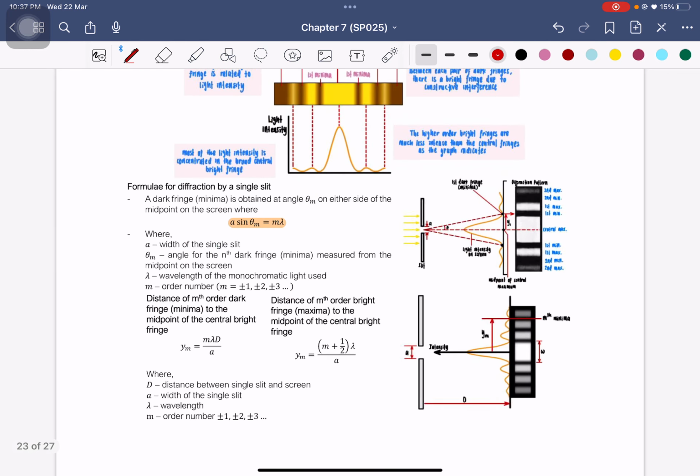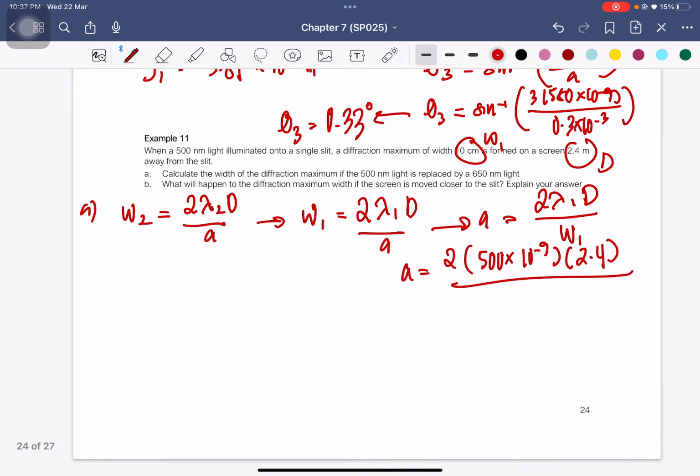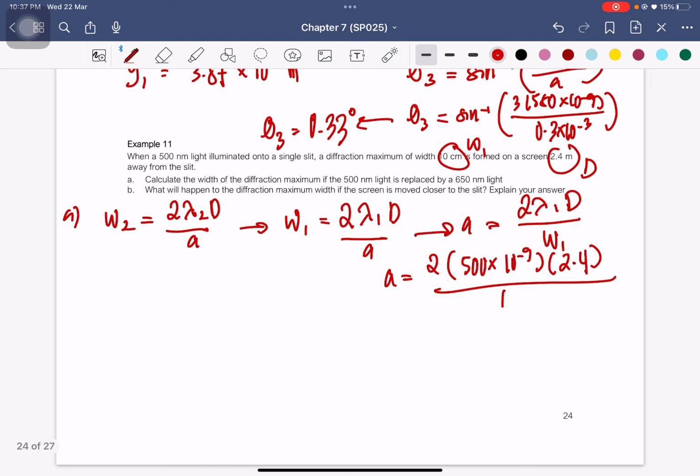So rearrange for a. It's going to be equal to 2 lambda 1 D over W1. So this is 500 nano, this is 2.4, this is 10 centimeters, so 0.1.